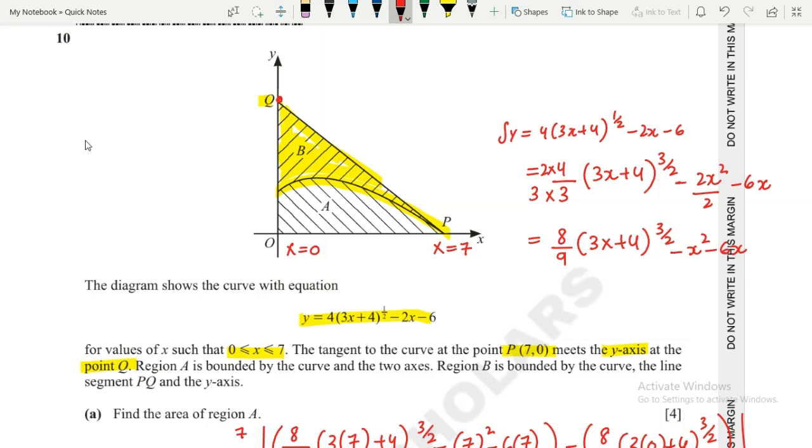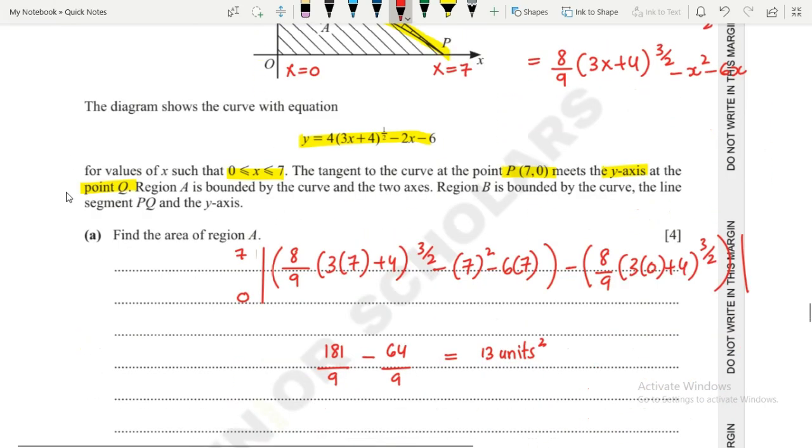We find the area using half times base times height, and then subtract the area of region A, which we have already found. So let's do this question now.